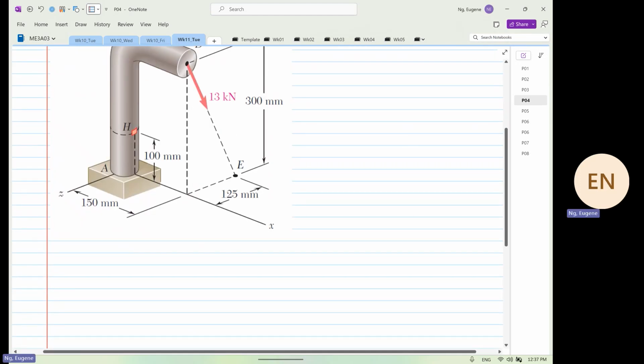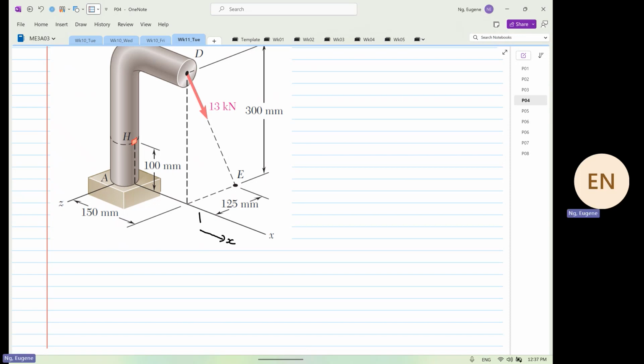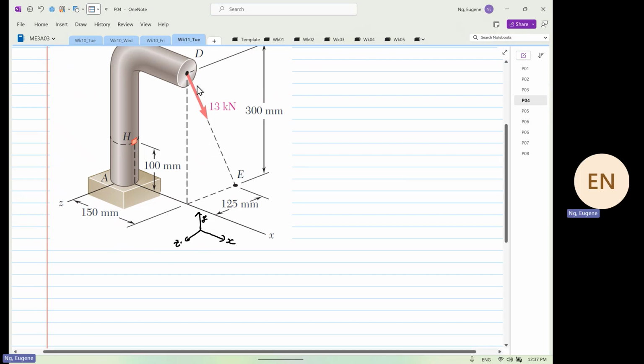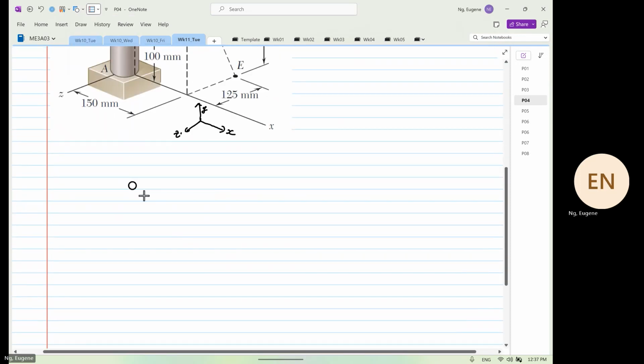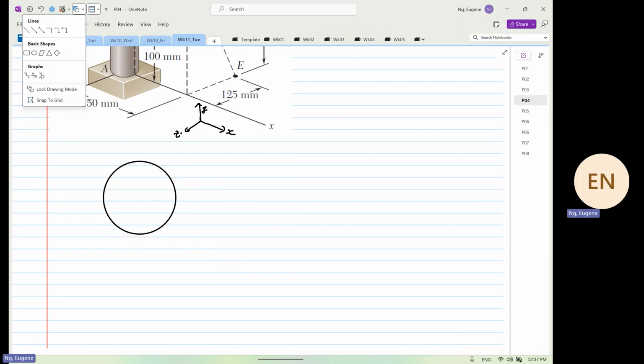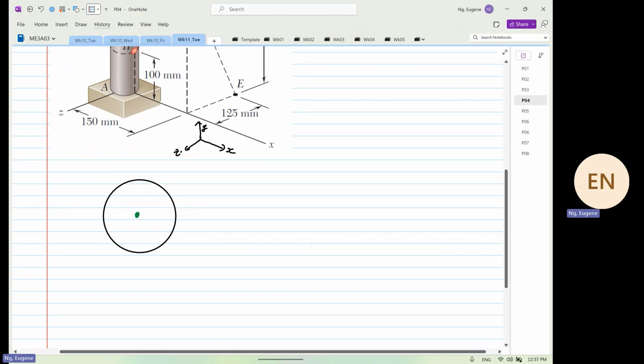we have to look at the plan view. So we have our transformation. So this is our X, this is our Y, and this becomes our Z. And if we were to look at the plan view, okay, this is our plan view, and this is our geometric centroid where failure will occur, right?